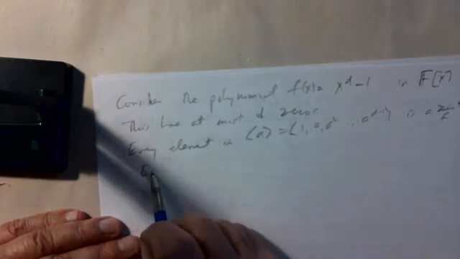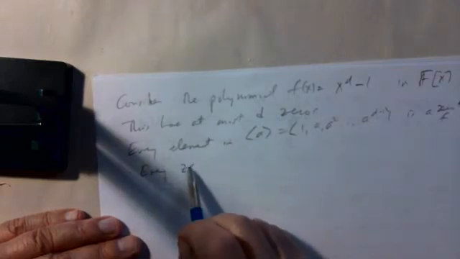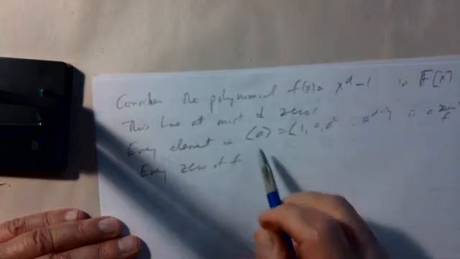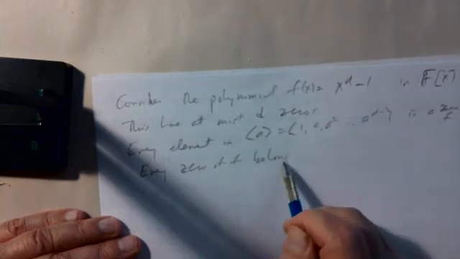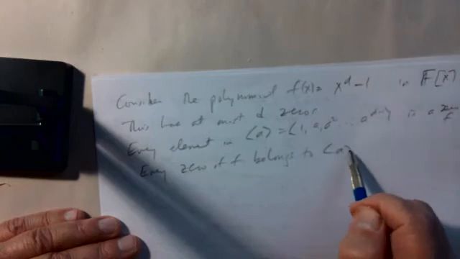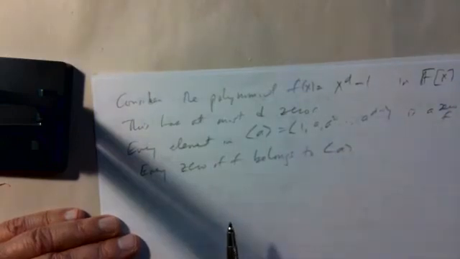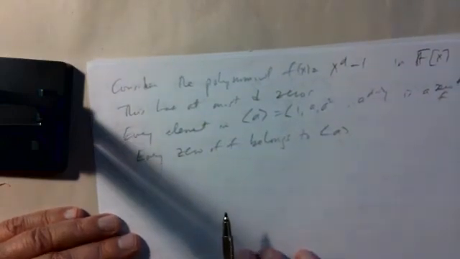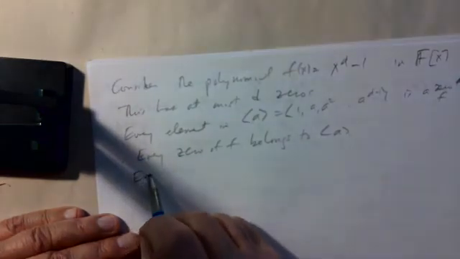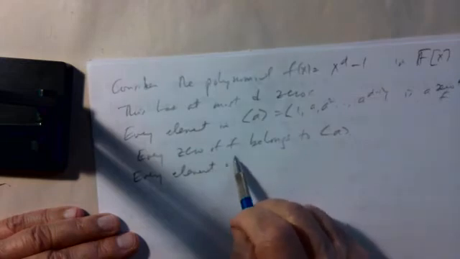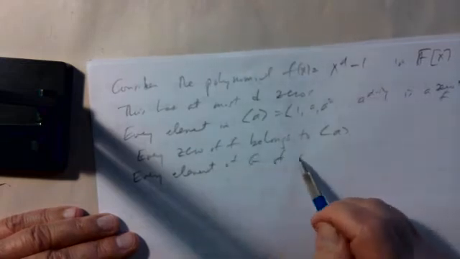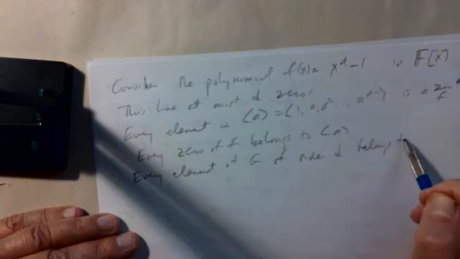So every 0 of F must belong to this cyclic subgroup. So every element of G of order D belongs to the cyclic subgroup.